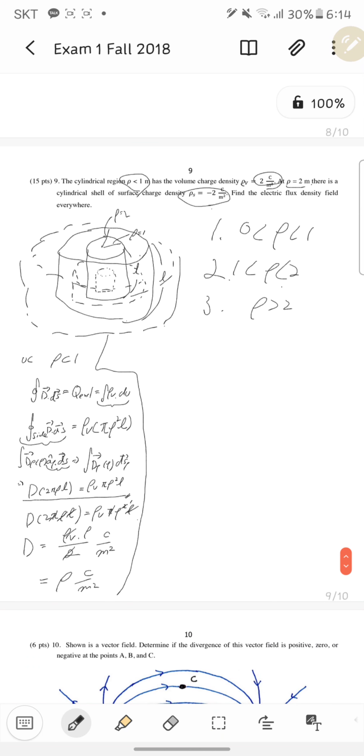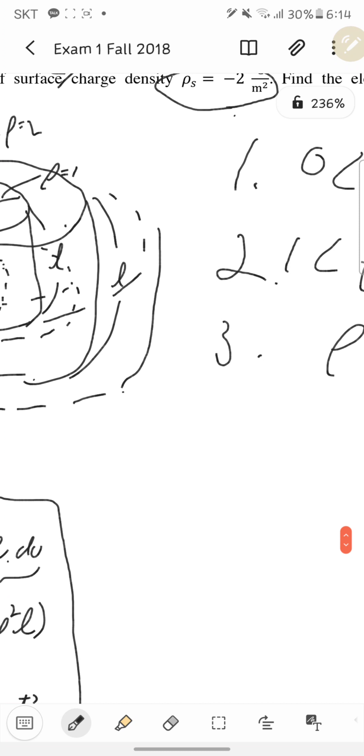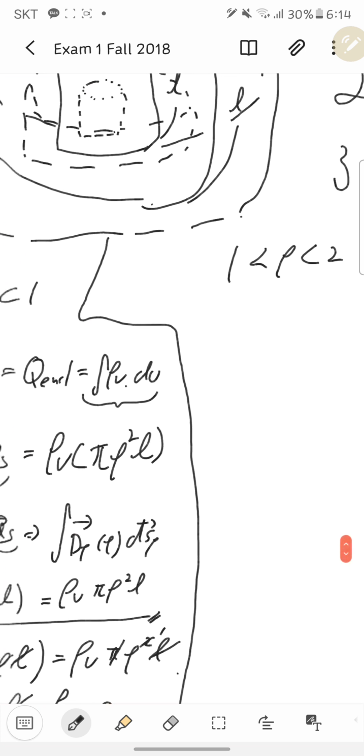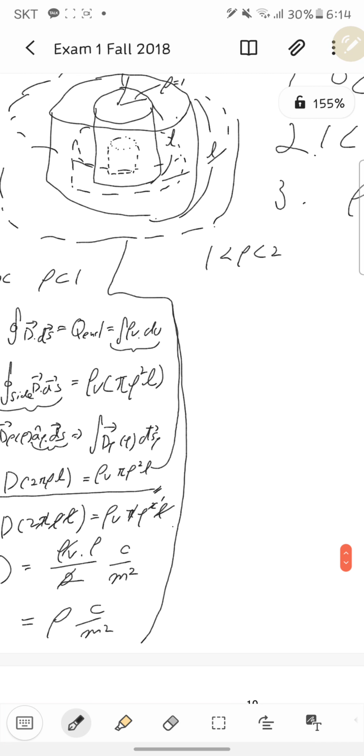And second case, when rho is bigger than 1 and less than 2. As I said, we can use this equation for this problem.